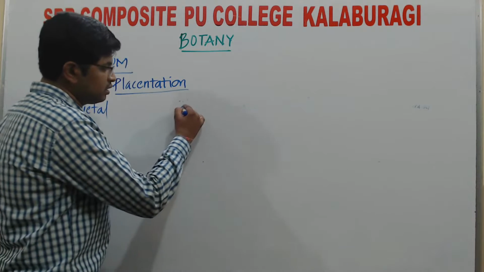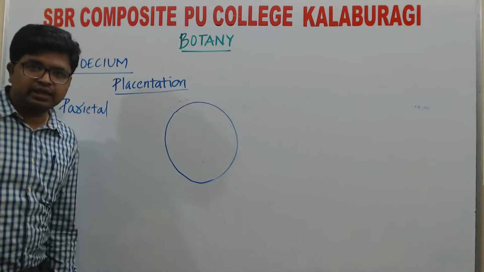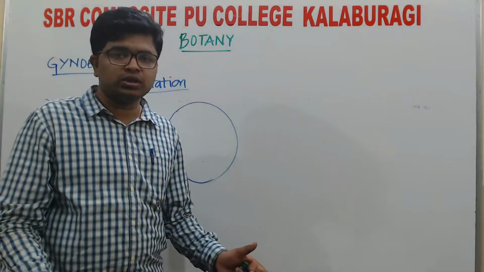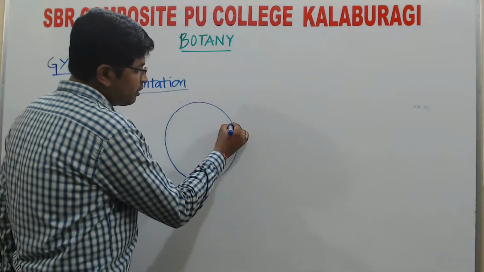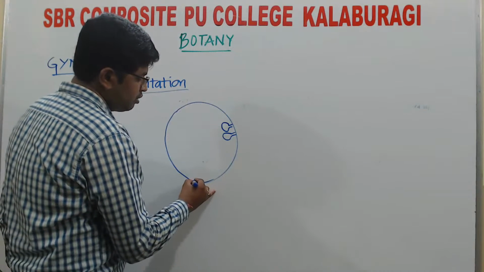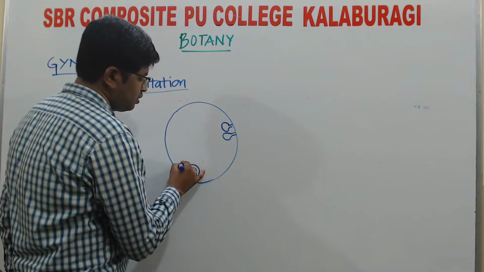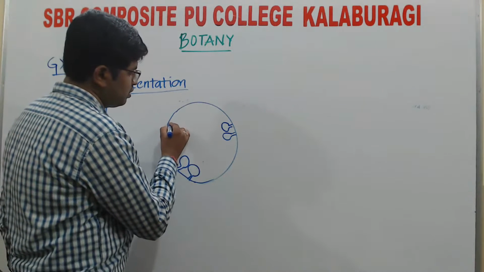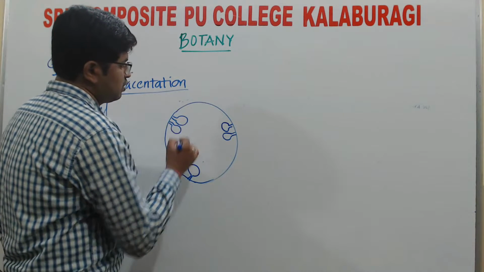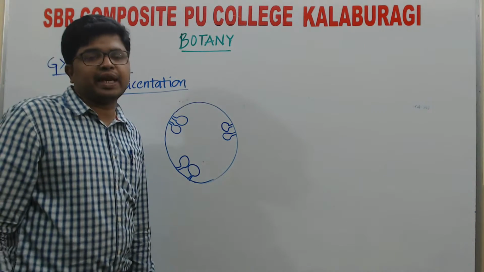You will see that the ovary has a false septum, meaning what? Pseudo septum. There will be no locules, and the ovules are found on the periphery. Such type we call as parietal.